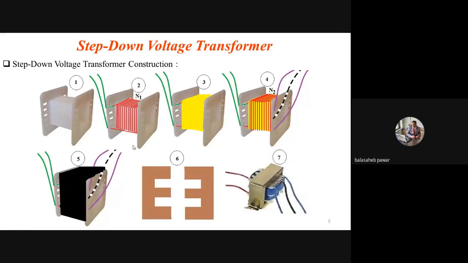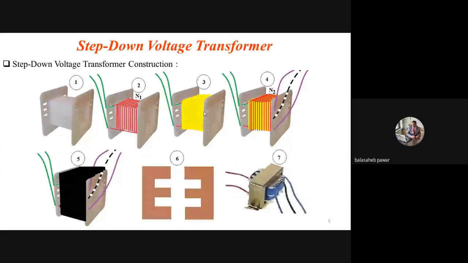Again, one more term we discussed was the reflected load resistance towards the primary side. That reflected load resistance is actually not there in the primary, but it gets reflected from secondary to primary.